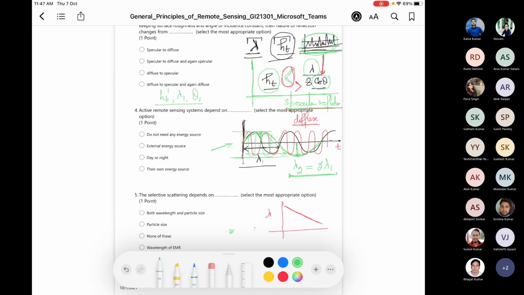So there will be a value for lambda at which this inequality will change. So when this inequality changes, and as it is monotonically decreasing, what will happen? The nature of reflection will change from specular to diffuse.